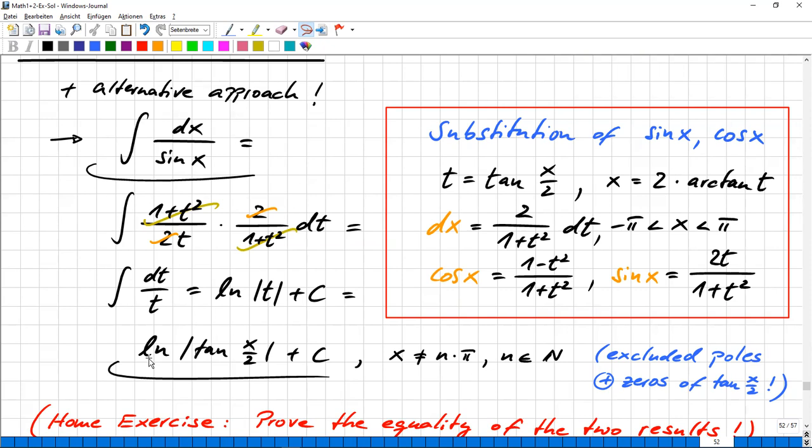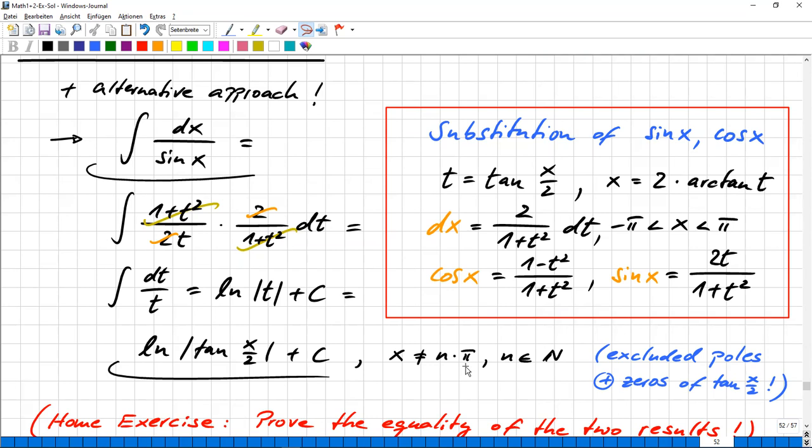So I get a problem in 2 cases: if the argument gets 0, which would be the zeros of this function, and if it approaches infinity, where also the ln would approach infinity. That's why the poles and zeros of tangent of x over 2 have to be excluded, which means in the end that all the multiples of pi have to be excluded. You don't have to understand this immediately now, you can check it.